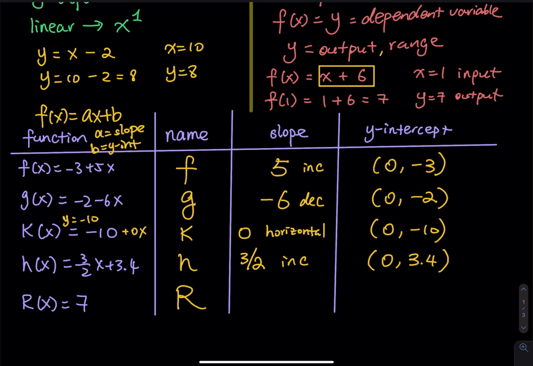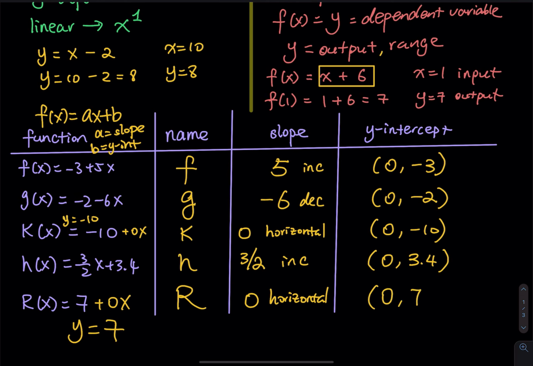This is like 7 plus 0x. 0 is the slope, so this is a horizontal line. Just like y equals 7 the whole time, and when x is equal to 0, y is equal to 7. So that is a quick overview of a function, linear equation, the name of a function, the slope and y-intercept of a linear function.